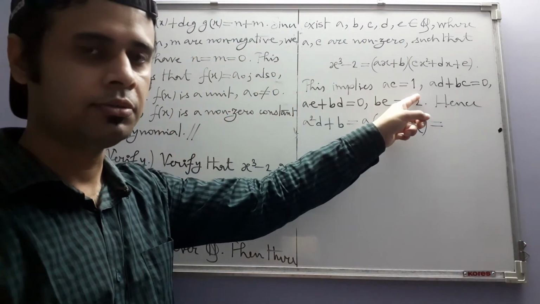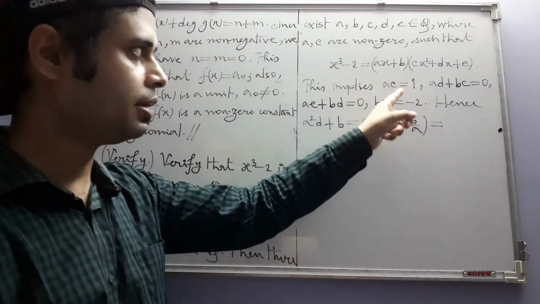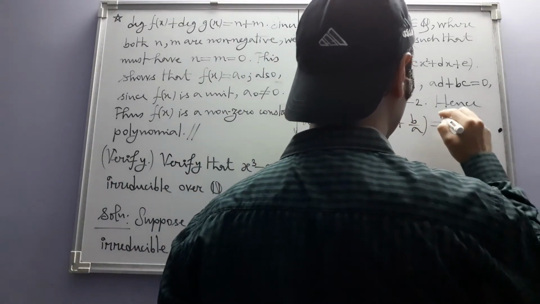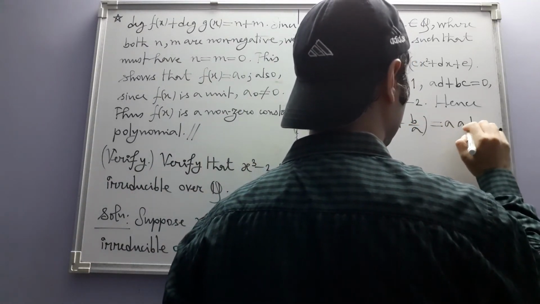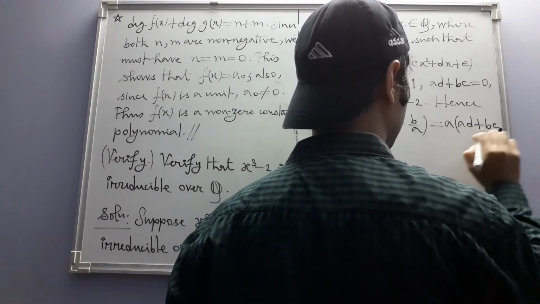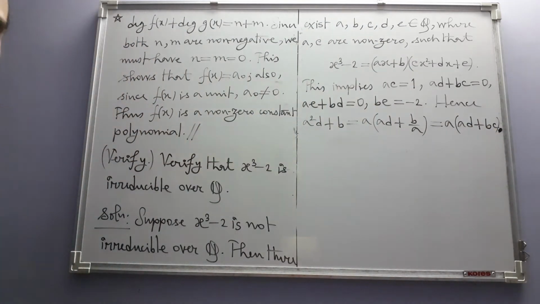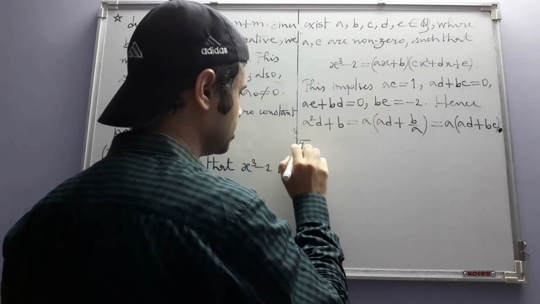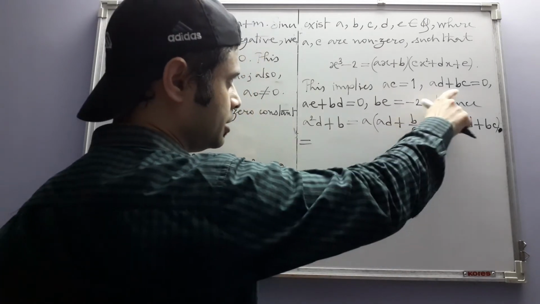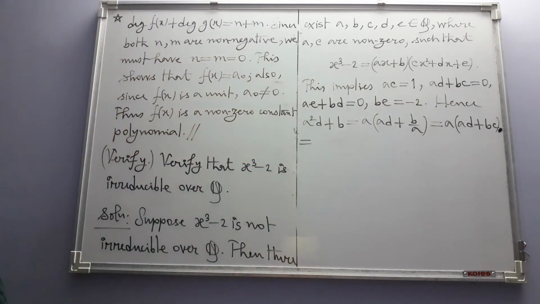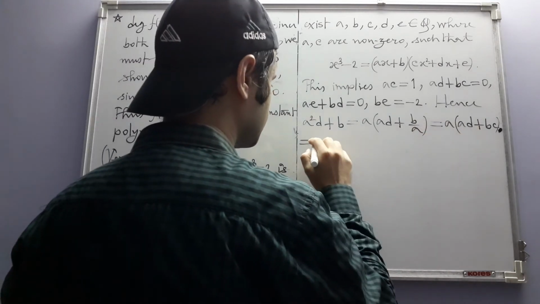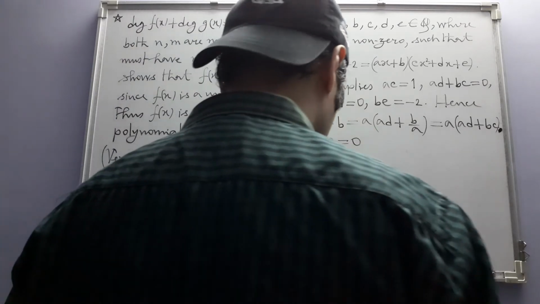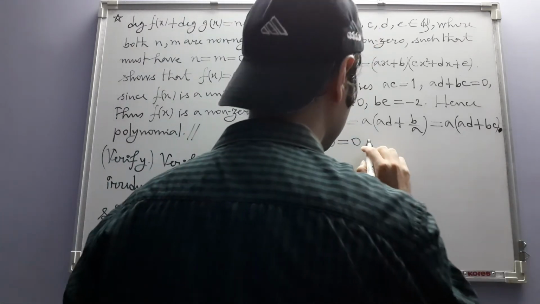AC is equal to 1, so 1 by A is equal to C from this equation. So in place of B by A, we can write BC. But this one says that AD plus BC is equal to 0. So this gives us A times 0, which is equal to 0. This is one relation that we will use.